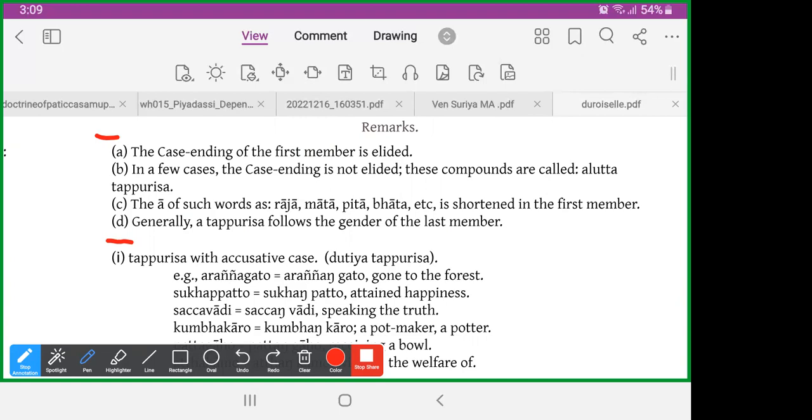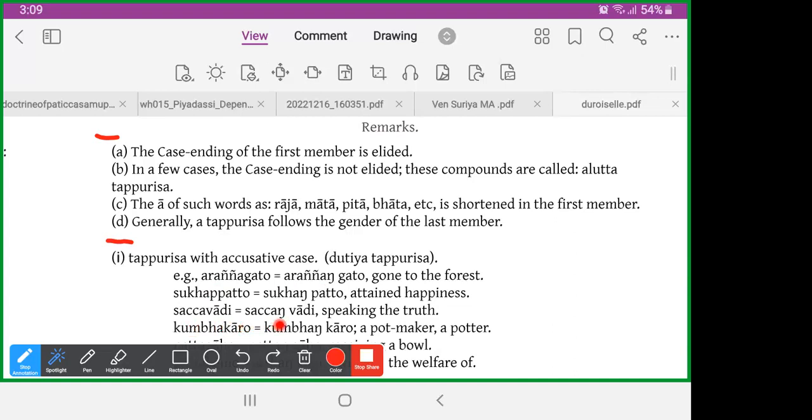Right, so we can read this one also. Okay, this one. Tappurisa with accusative case, Tutiya Tappurisa. For example, Aranya Gato, Aranyam Gato: gone to the forest. Sukha Pato, Sukham Pato: attained happiness.